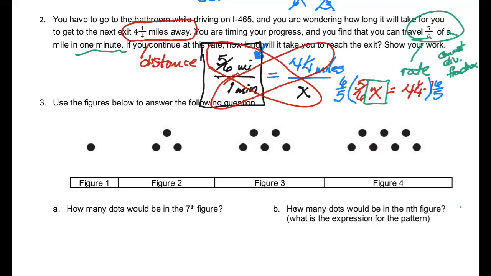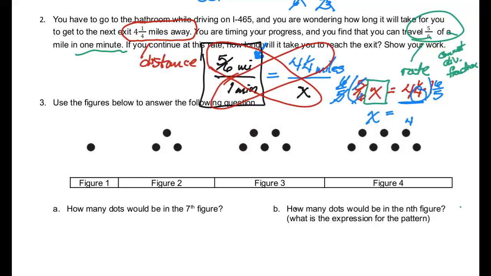On the left-hand side, these all simplify out, and I have x, and I have a slight problem. I have 4 1/4 times 6/5. I need to either put this in a calculator as a decimal, or I need to change it to an improper fraction. Okay, which means you would keep the 4 on the bottom.